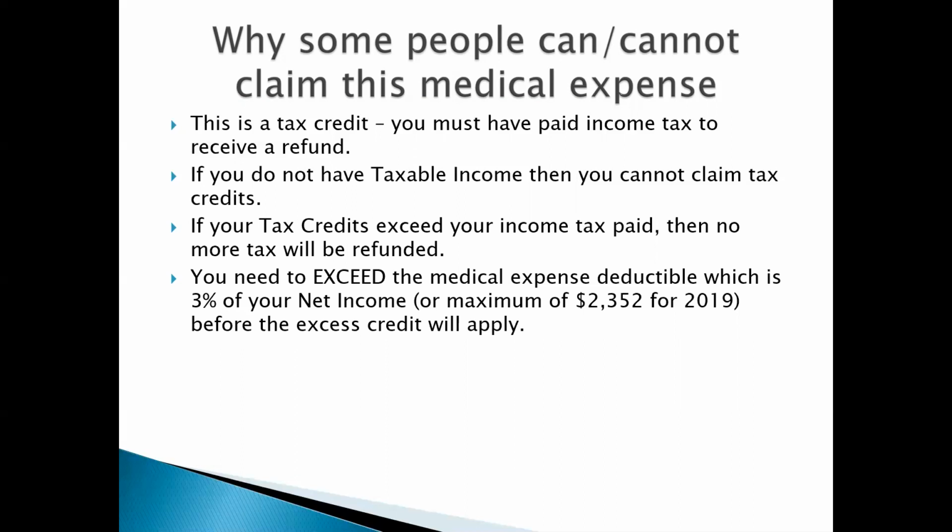So if you're single and you earn $50,000, it's going to be $1,500. So for example, if I was single, my $900 spent in gluten-free food, if I didn't have any other medical expenses, I would not be able to claim this medical expense, because my deductible at earning $50,000 would be $1,500.